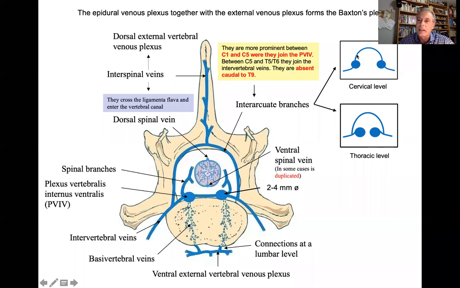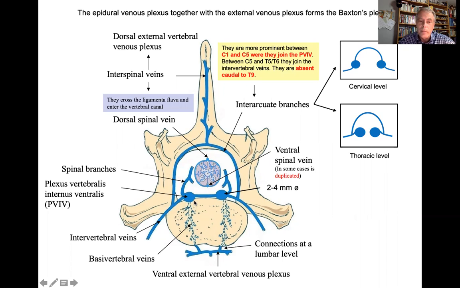At the cervical level, it reaches the plexus vertebralis internus ventralis, or at the thoracic level, they reach the intervertebral veins. Remember that these tend to be absent caudal to T9, these interarcuate branches.